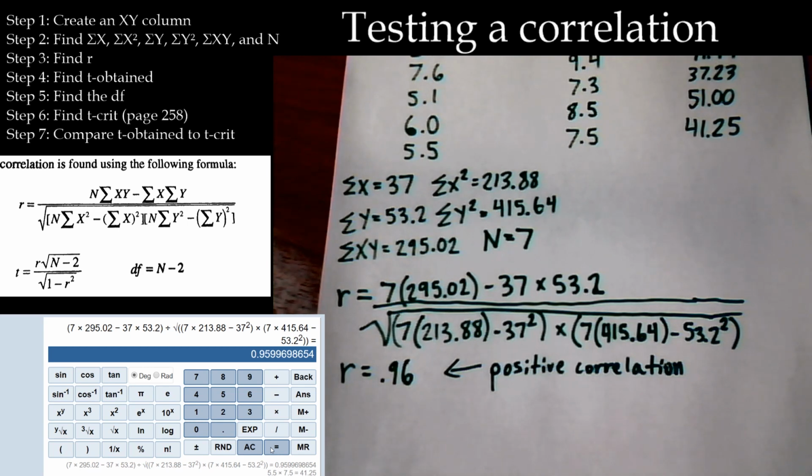Next, you want to find t. The formula for t is on the screen, or else you can find it on page 124 of your stats book. This formula has a square root in both the numerator and the denominator, so be sure to pay attention to both.